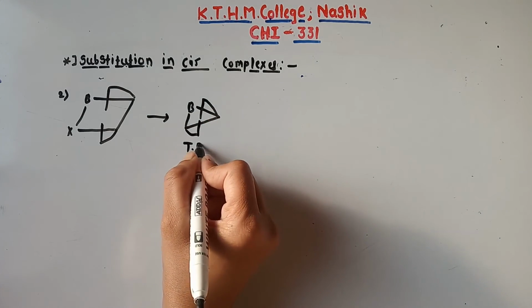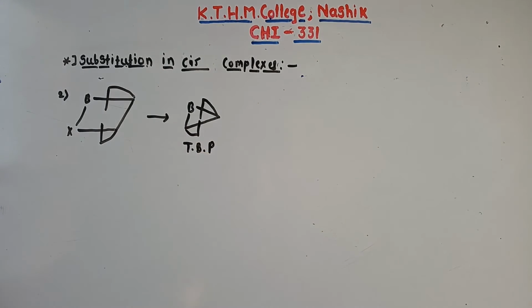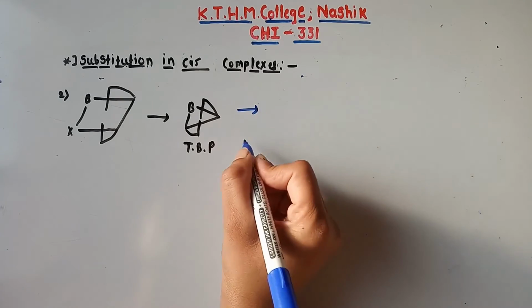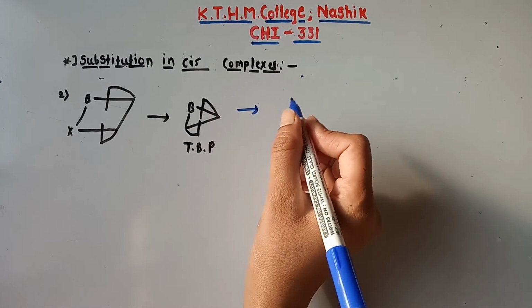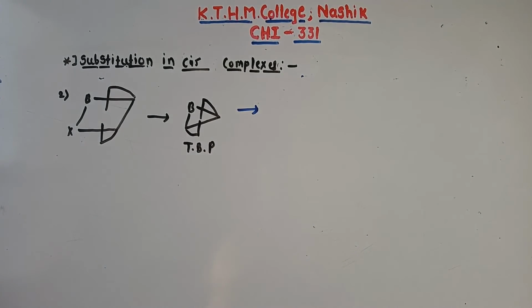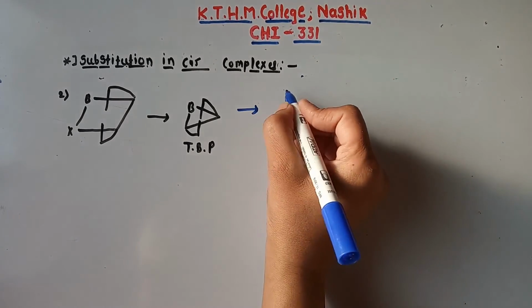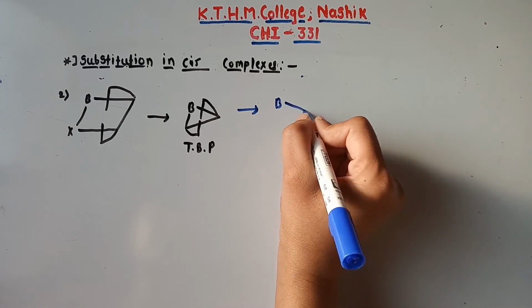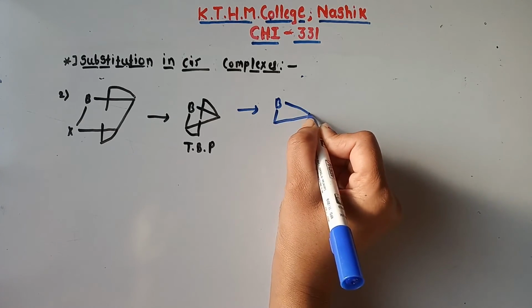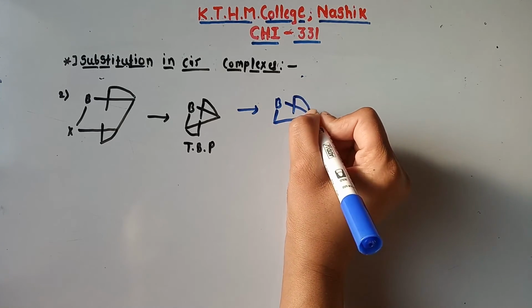This is your trigonal bipyramidal intermediate. Okay, again here is possibility for three complexes. B, this is your square pyramidal intermediate.